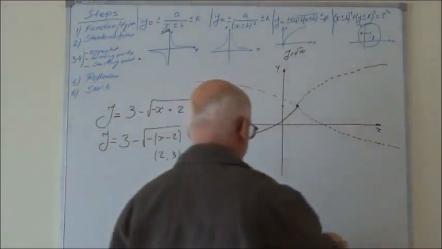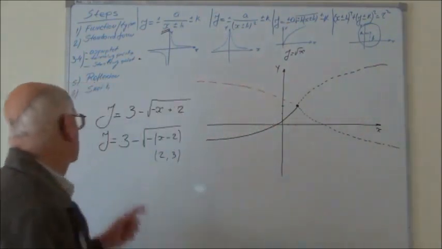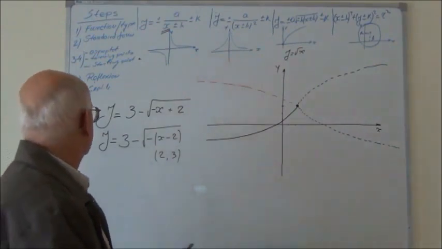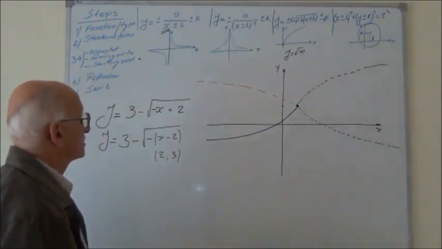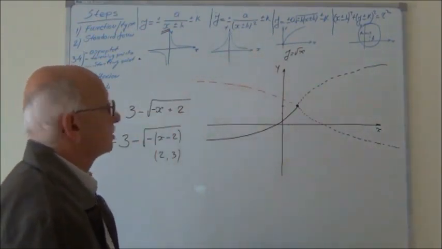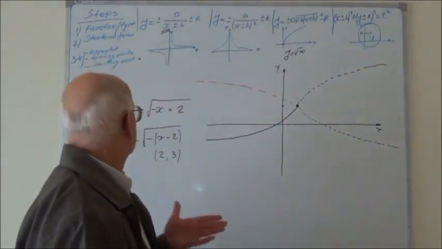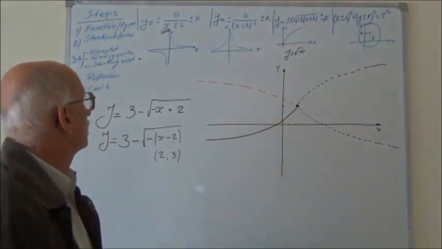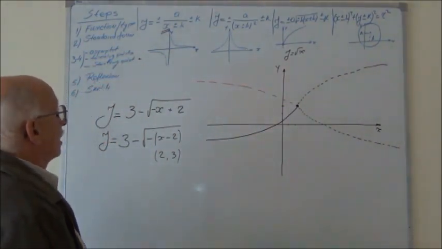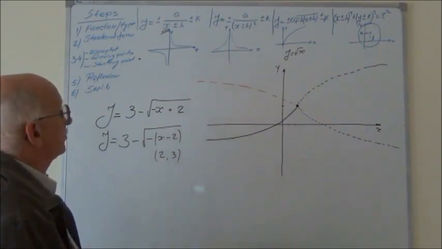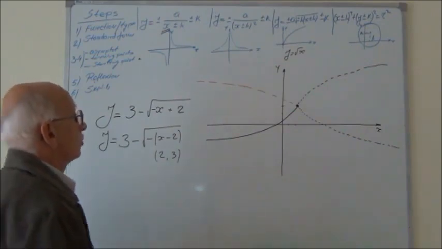So the order of reflections is not really important when you're sketching a graph. Maybe it will be important in some cases for something else, but for sketching graphs it is really not important which reflection to choose first.